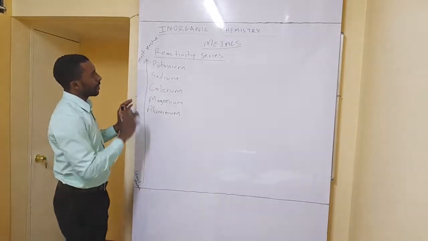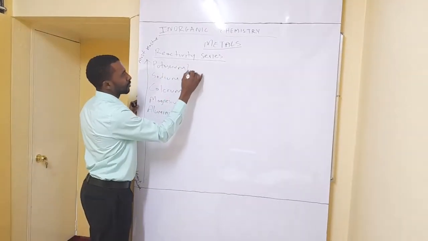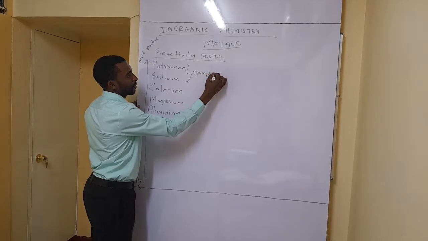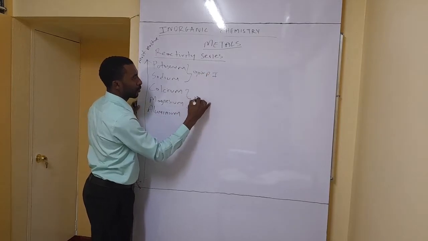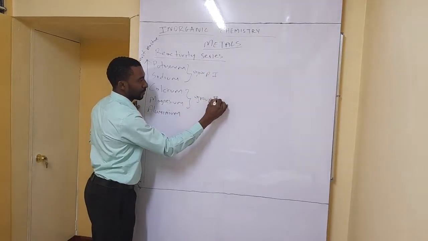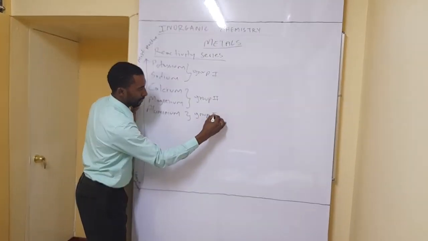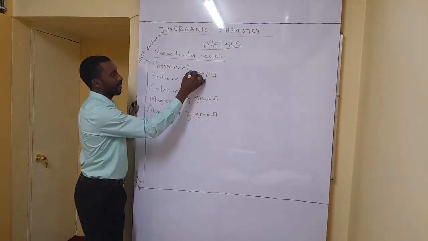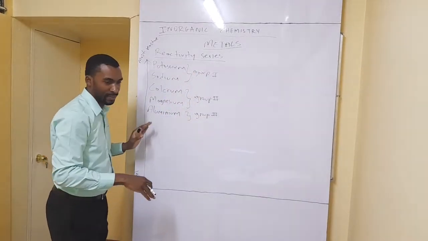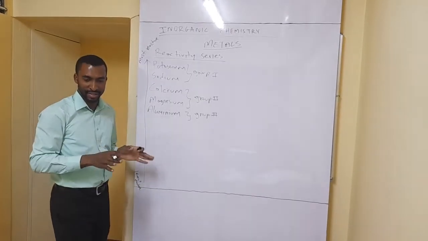Alright? So as you can see, we have these 2 in group 1, these 2 are group 2, and aluminum is group 3. And then further down, the least reactive metals are normally the transition metals.